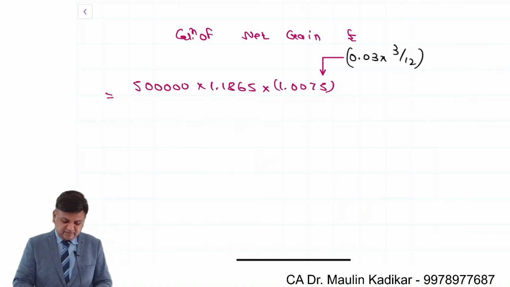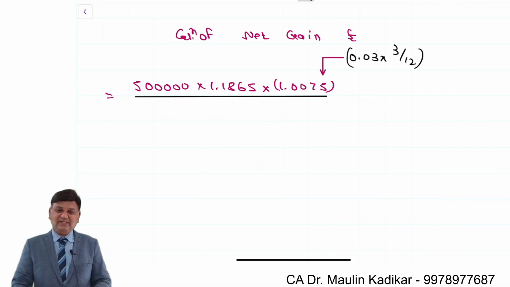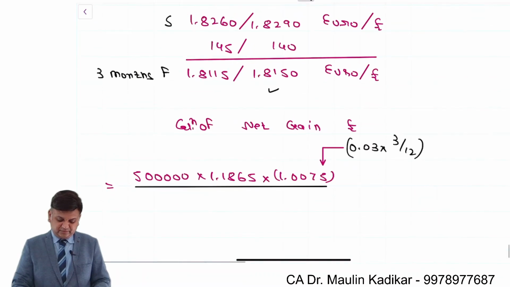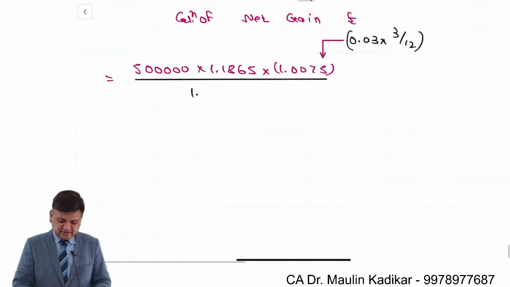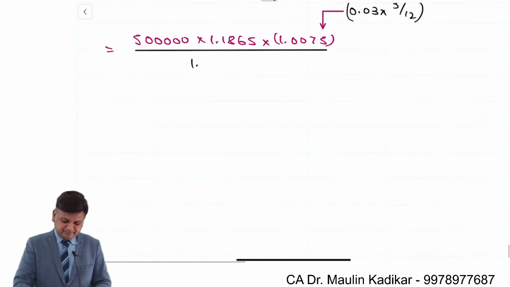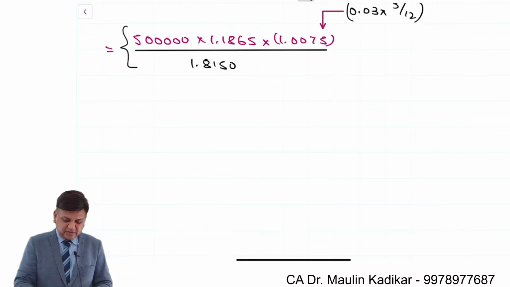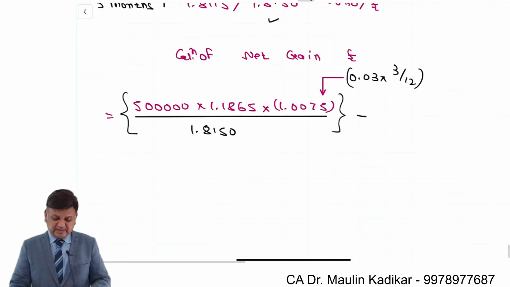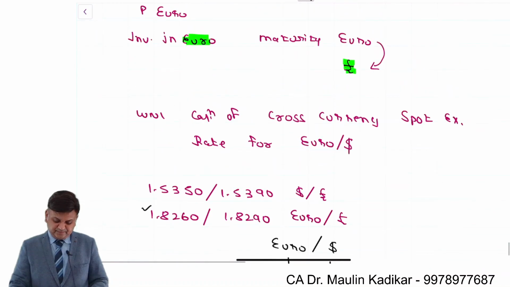Now you will convert that into pound currency. So it is sell of euro and purchase of pound. So for a higher amount of the euro, you will get a pound. So over here it is 1.8150. So this is the amount that you will receive in pound currency term. Minus repayment of the loan in pound currency term has already been found by us.